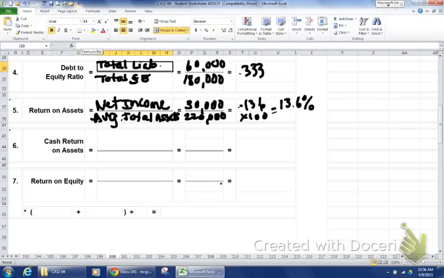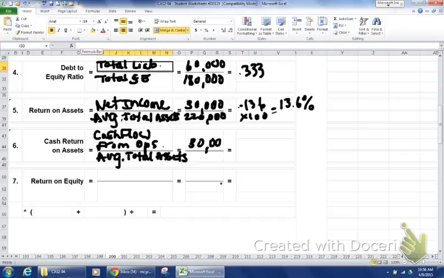Let's move on to the cash return on assets. This particular ratio is going to take the cash flow from operations as the numerator and divide it by the average total assets. And again, we have these two numbers from previous parts of this problem.